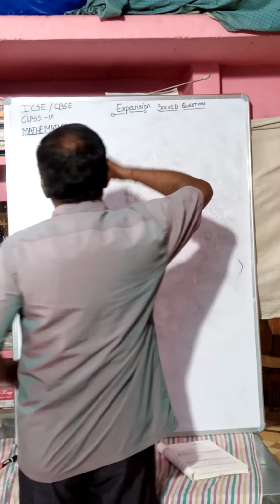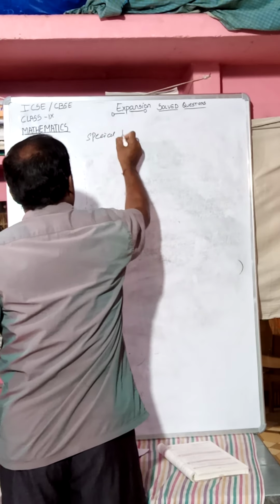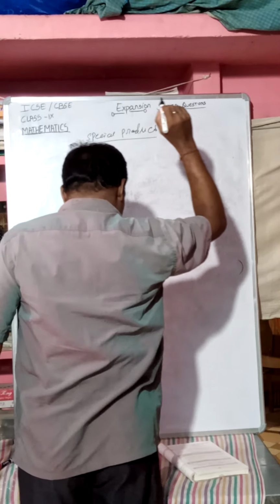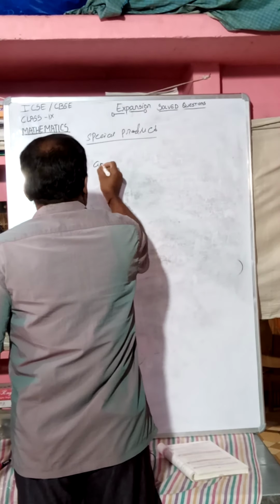Then we, in a special product, (a + b + c)(a² + b² + c² − ab − bc − ca) is equal to a³ + b³ + c³ − 3abc.